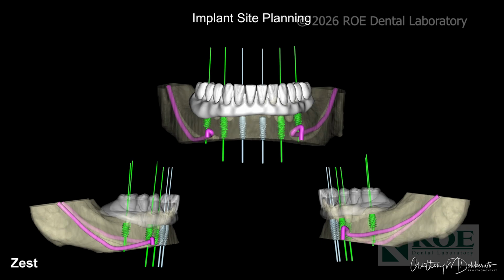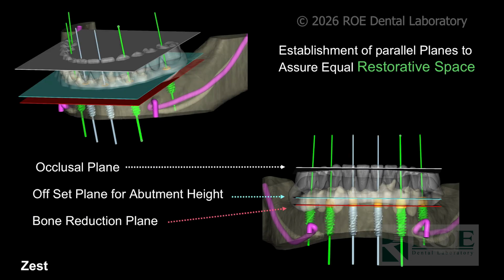And so the software, which is called Real Guide, they're going to use to plan the implant positions, plan the height of the implants, make sure that they're within the confines of the teeth, look at the trajectories of the implants. And then we could start doing things like making these occlusal planes so we know the restorative space and we make sure that it's parallel to the mandible.